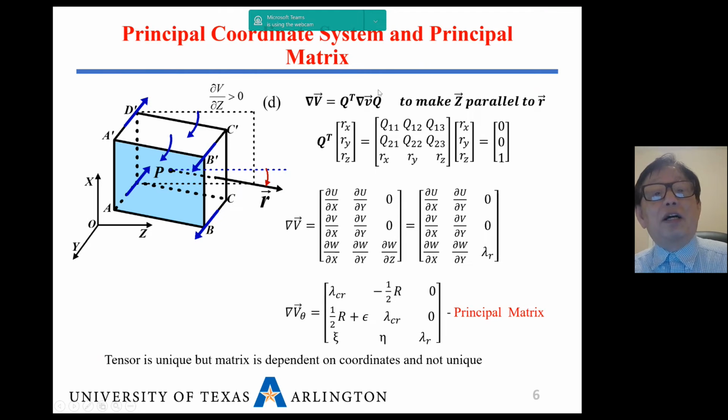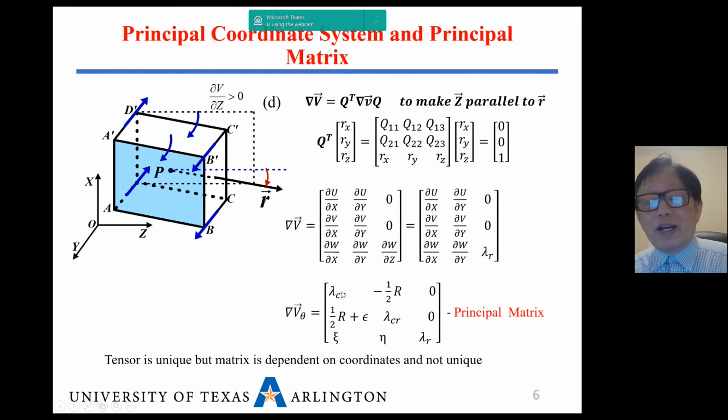We need to give a principal coordinate, then we can get the principal matrix. In this principal coordinate, the z direction is parallel to Liutex, and the other plane is orthogonal to Liutex.